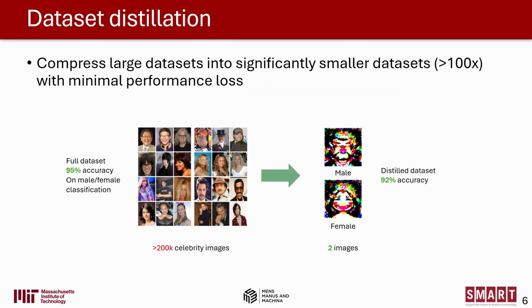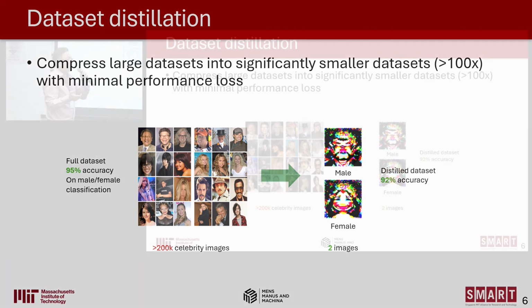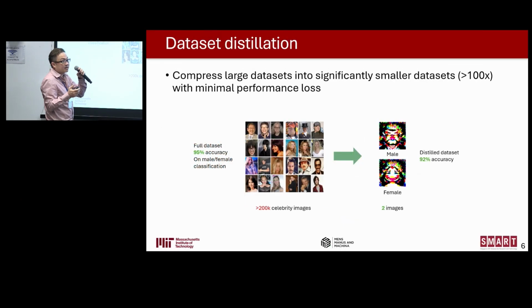Now, the first idea, maybe I should jump to this slide first, is really about how we can learn with less data. Usually you're going to find, even for LLMs, you're going to need a massive amount of data. But is it possible that this huge amount of data can be compressed into a small data set such that it can achieve a comparable learning performance?